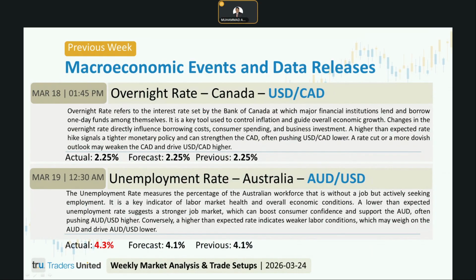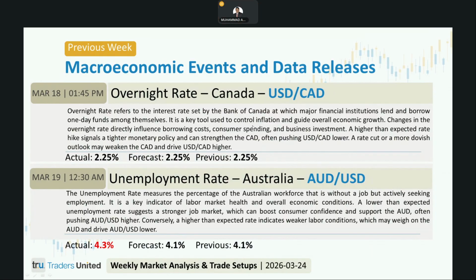Changes in the overnight rate directly affect borrowing costs, consumer spending, and business investment. A higher than expected rate hike signals tighter monetary policy and can strengthen the CAD, often pushing USD CAD lower. On the other hand, a dovish tone or softer outlook may weaken the CAD and drive USD CAD higher.